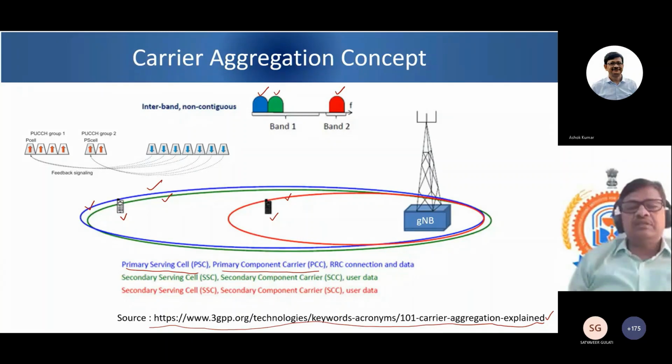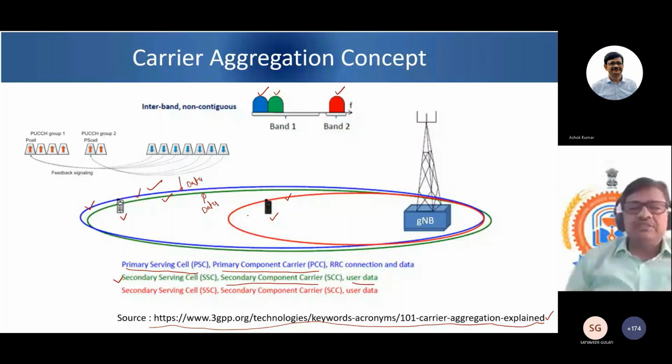All the signaling will happen on this. In addition to signaling, data will also be flowing on this. Now on the second carrier, which is also on the lower side, user data will flow. This we call the secondary serving cell or secondary component carrier for user data.